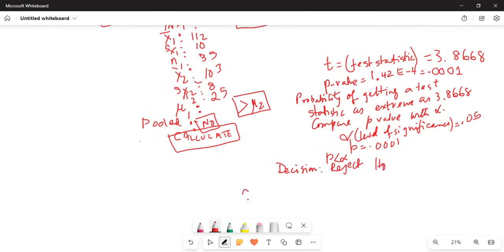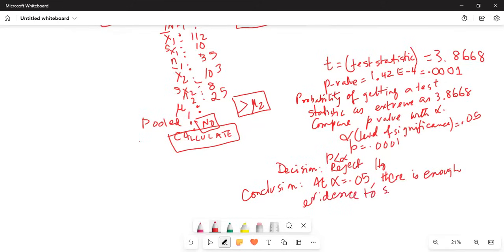And the conclusion is at alpha equal to 0.05, there is enough evidence to support HA. Same conclusion as before. What is HA? Mu1 is greater than mu2.